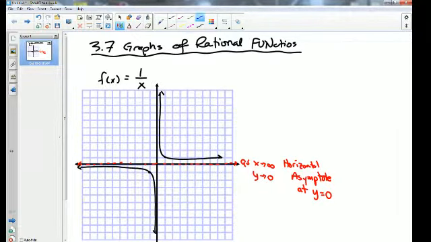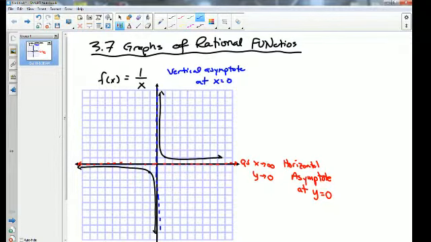What about that? It's called a vertical asymptote, at x equals 0.